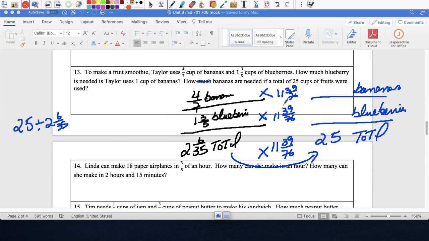Simplify, so we get 6 and 11/19 out of the 25 cups, 6 and 11/19 for blueberries. And then if you multiply 4/7 times 1139 over 76.